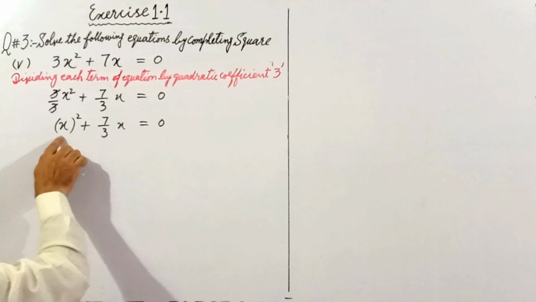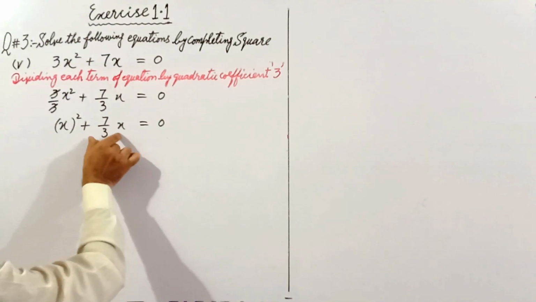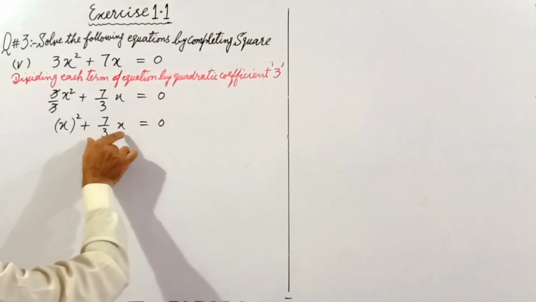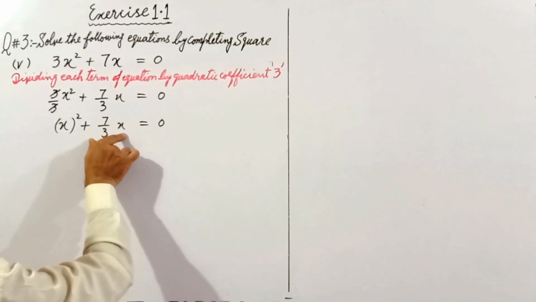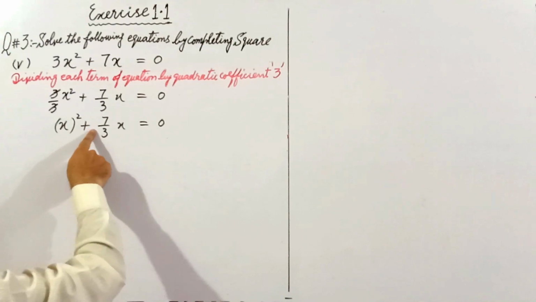We have the first term in the square form, but we have to make two-time product of the first and second value of the perfect square. For this we need 2 in the linear coefficient.